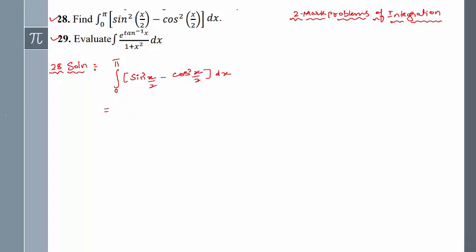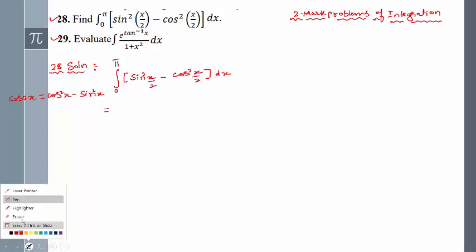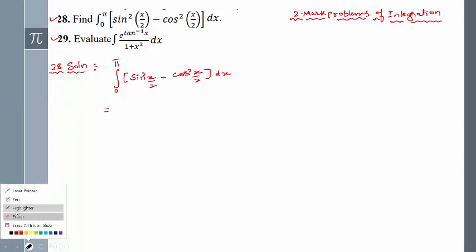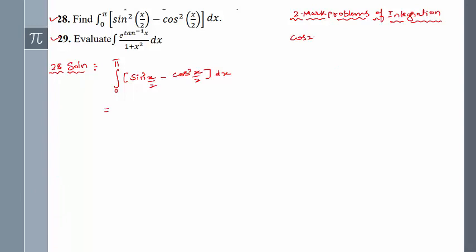Here you have to remember the formula of cos 2x, that is cos 2x equal to cos square x minus sin square x. If you remember this formula, it will be very easy to simplify this question.